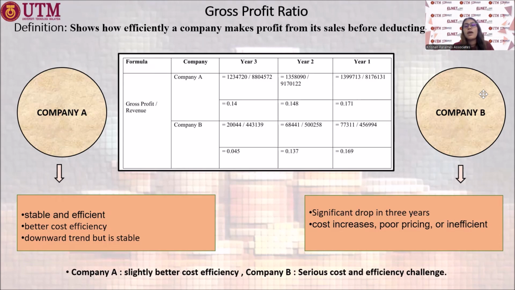But in company B, there is a significant drop over the 3 years, more drastic compared to company A. This could be because costs have increased, poor pricing, or inefficient management of assets. So company A is slightly better in cost efficiency and company B has serious cost and efficiency challenges.